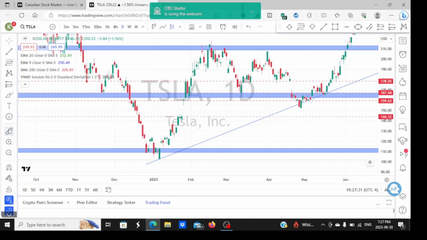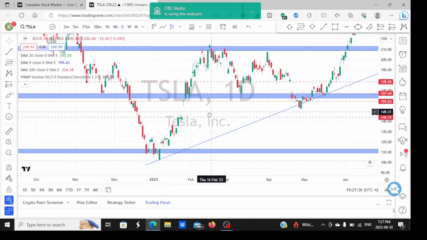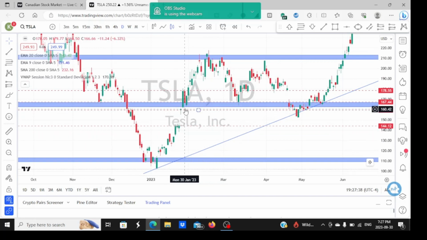So we notice that once it gapped up, it's a strong gap and the stock continued to move up to the daily support that I had drawn here.